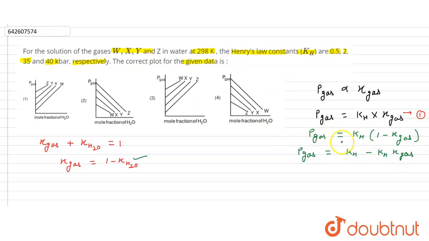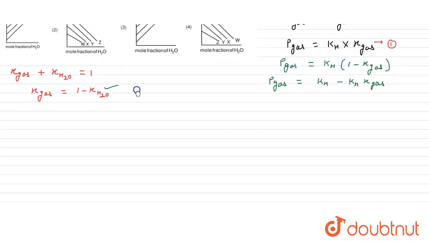Now if you want, you can rearrange it for simplicity. The relation becomes: the partial pressure of the gas equals minus KH into the mole fraction of water, plus KH.